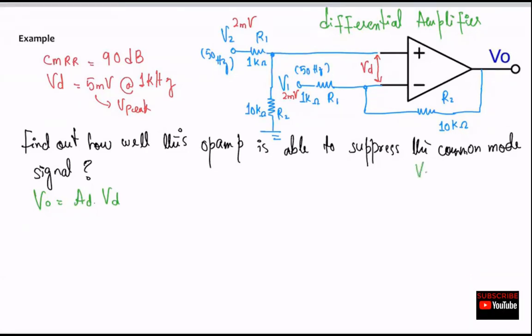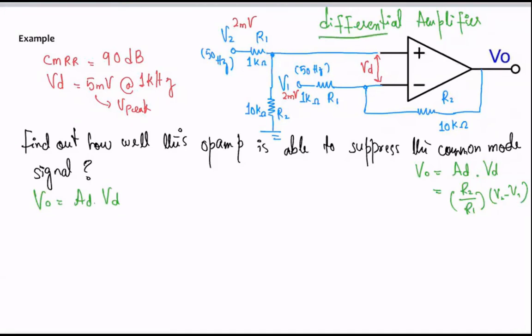So it is going to be V naught equals gain times differential voltage. And what is this AD gain here? It's actually R2 over R1, times the differential voltage, basically V2 minus V1. So differential, as the name suggests, is going to take the difference of the two input signals and then amplify it.